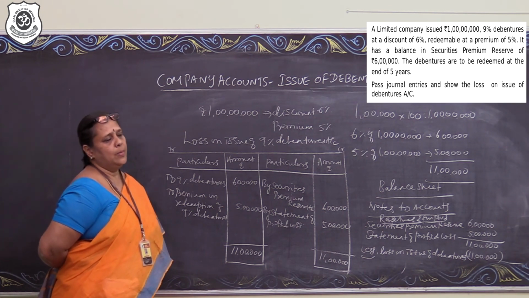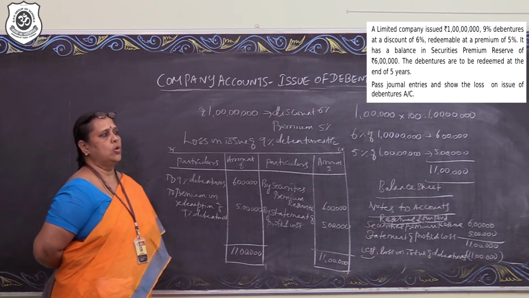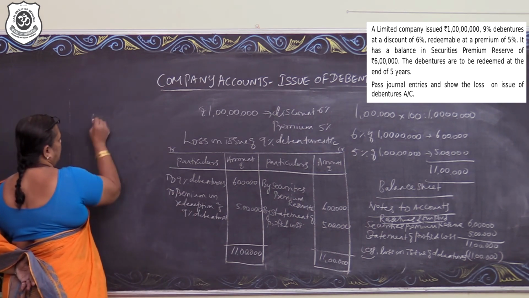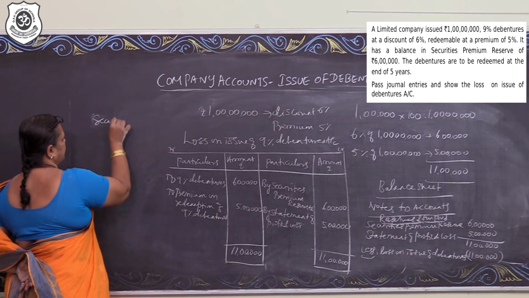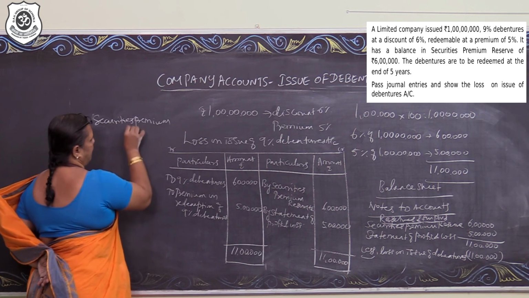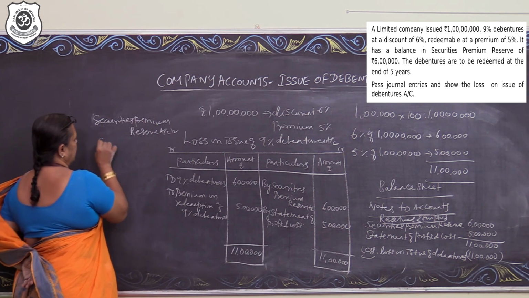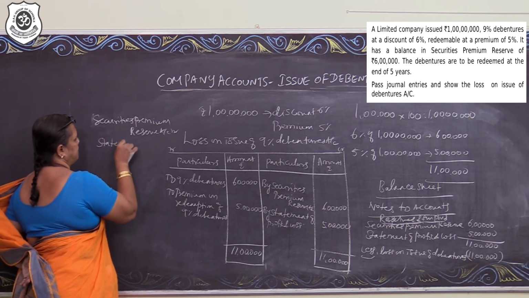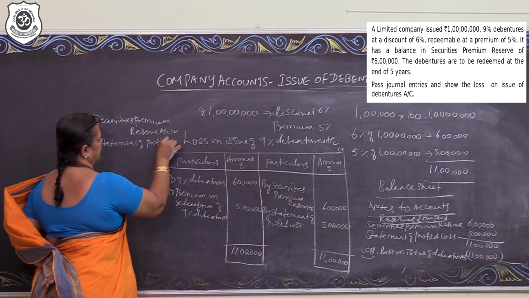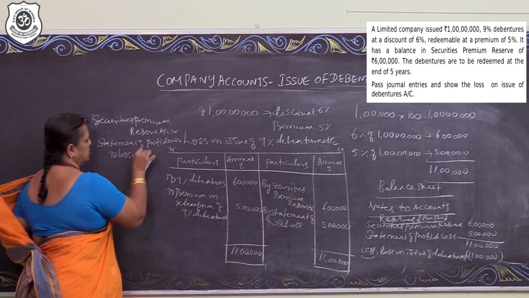The journal entries will be the same as what you have done earlier. So the journal entry for writing off the loss on issue of debentures will be: securities premium reserve account debit, statement of profit and loss debit, to loss on issue of debentures account.